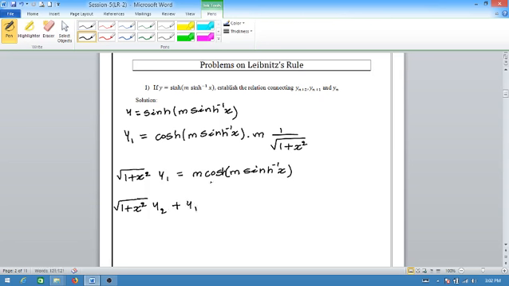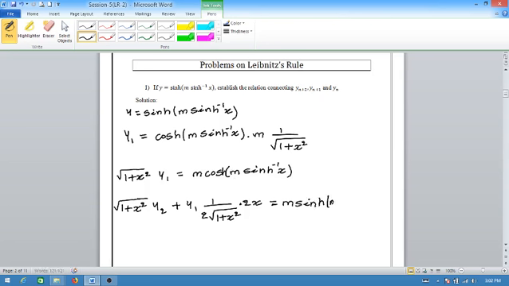Differentiation of root of 1 plus x square is 1 divided by 2 into root 1 plus x square, into differentiation of 1 plus x square, which is 2x, right. So that is equal to m, a constant, into the differentiation of cos hyperbolic, which is simply sin hyperbolic, not the negative sign.